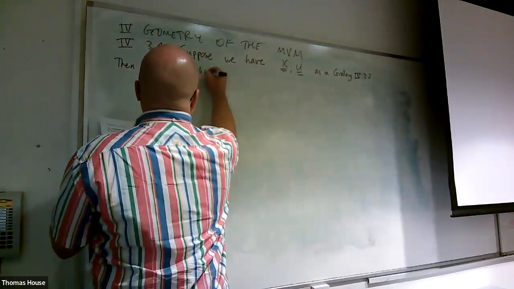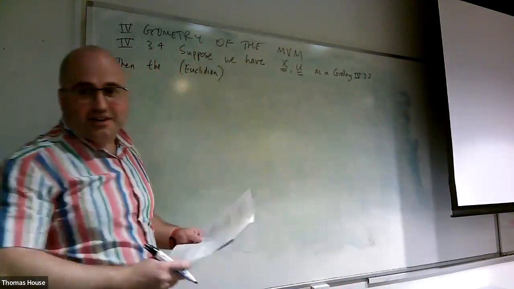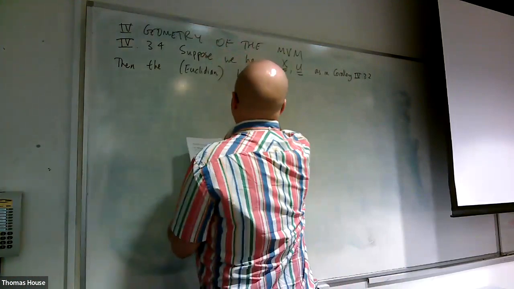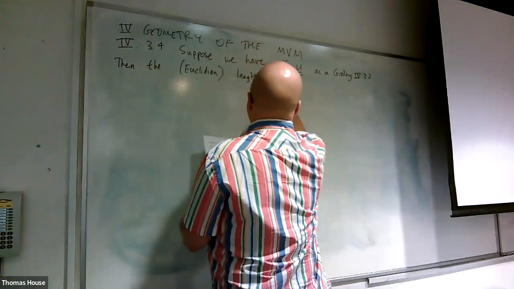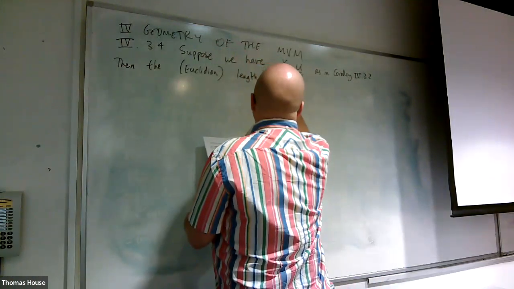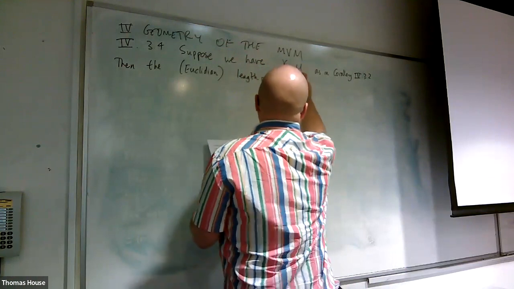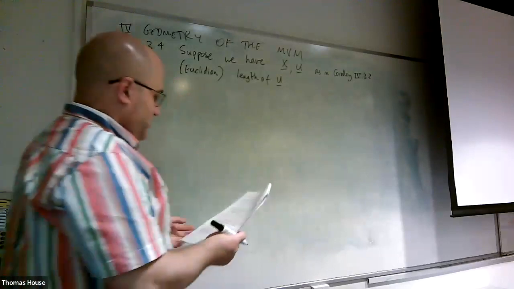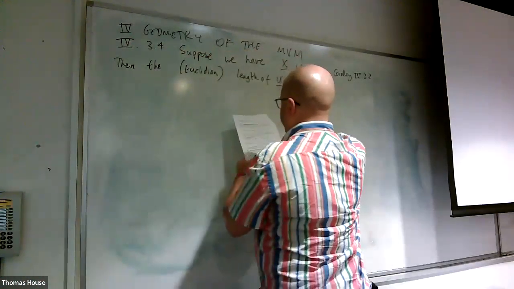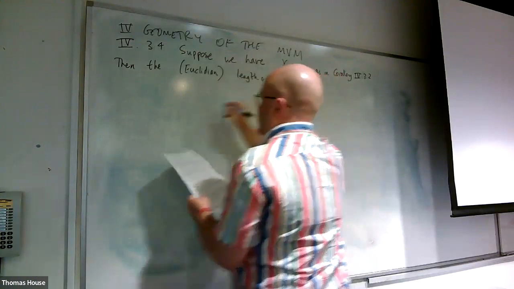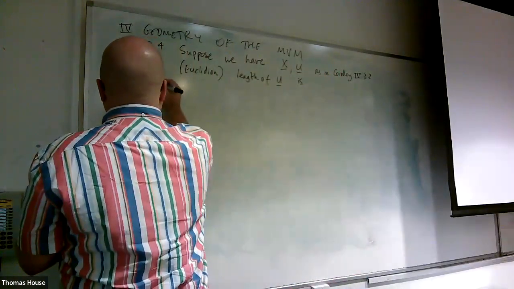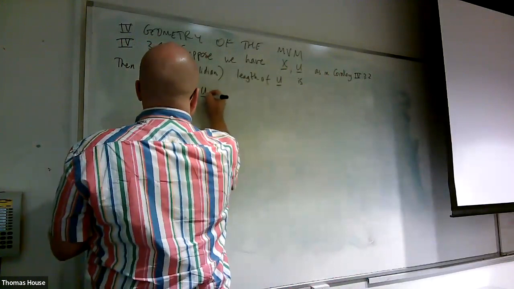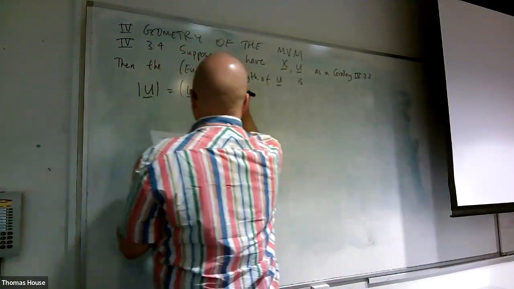Remembering that we had lots of different kinds of length and distance, the Euclidean length of U, sorry, this is X and U, these are multivariate normals, not data sets, is the length of U, which is U dot U to the half.